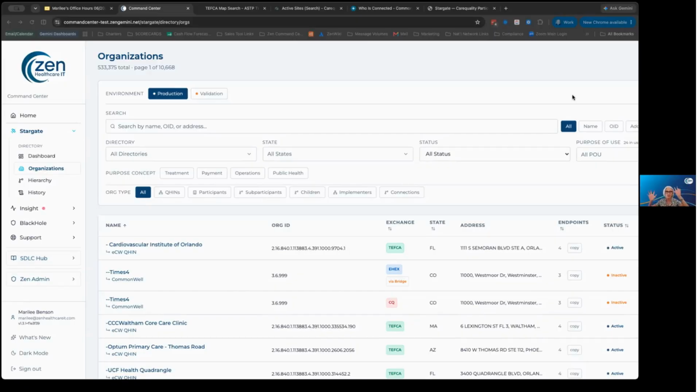Or what percentage of organizations will we be missing if we're not opting into TEFCA? I think it can help people make some decisions. So that's going to be next week's project, to see if I can learn information about that. And then, as always, anything really interesting I learn, of course, I will share with my friends on office hours.